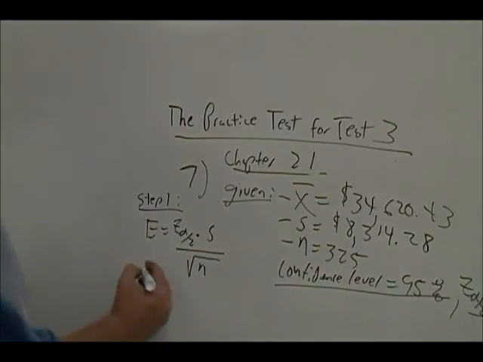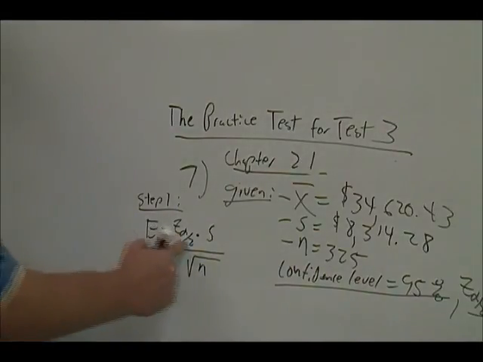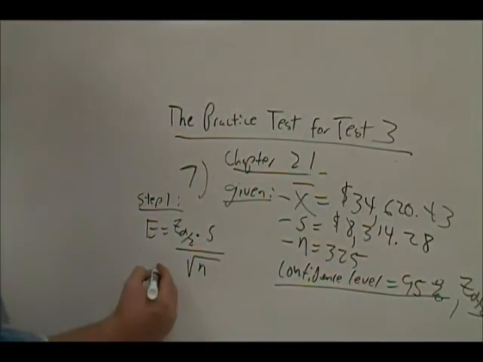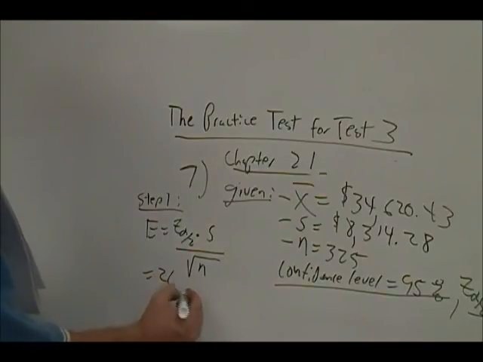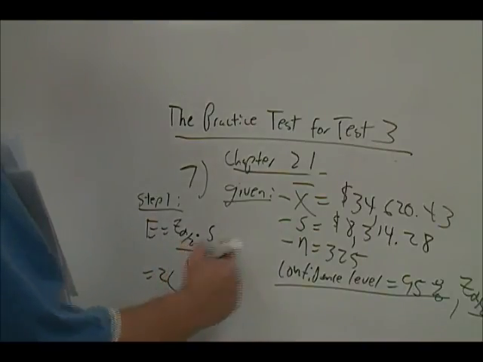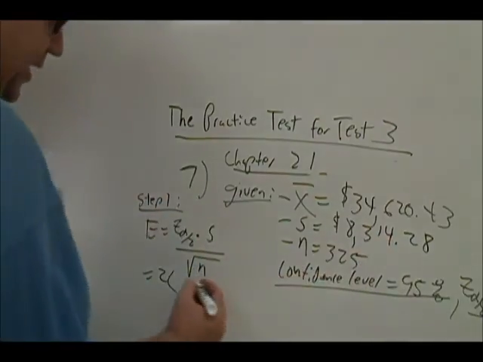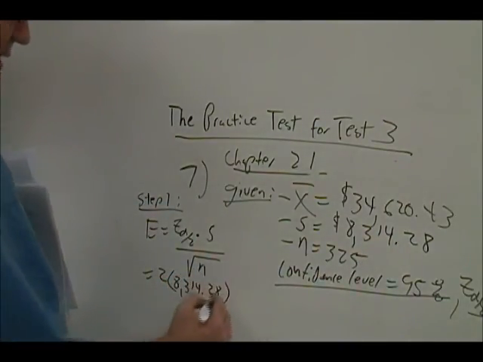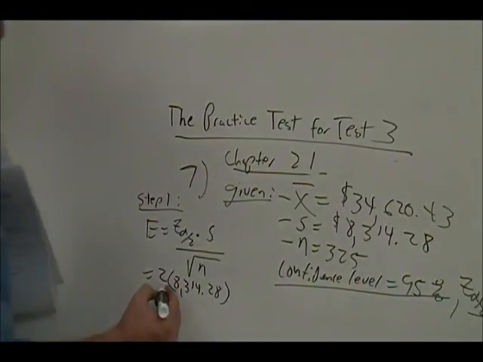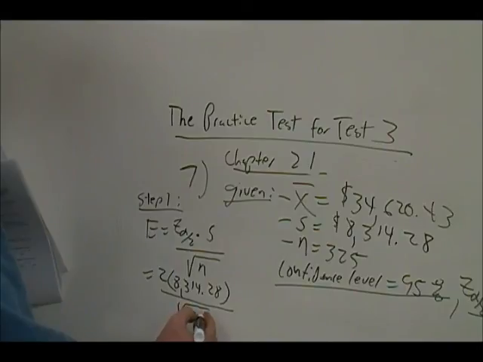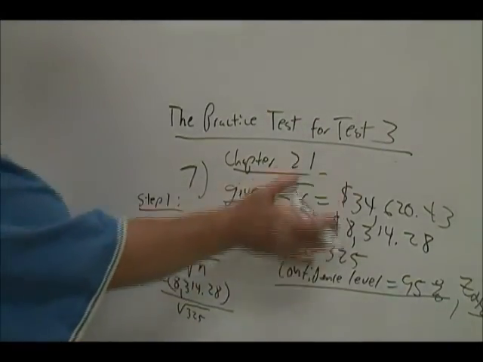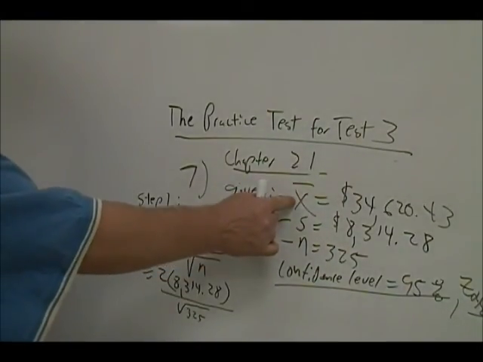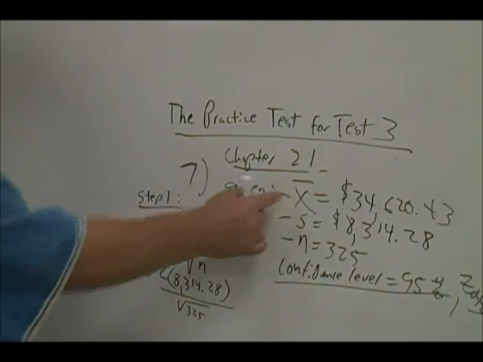And if you plug the numbers in now, we know that the critical value here is 2, so we plug in 2. The standard deviation was given to be 8,314.28. And then we divide that all by the square root of the sample size, which is the square root of 325. Notice we're not using the sample mean to compute the error.